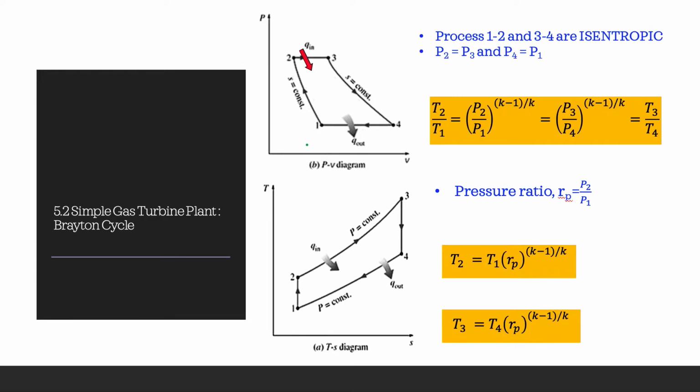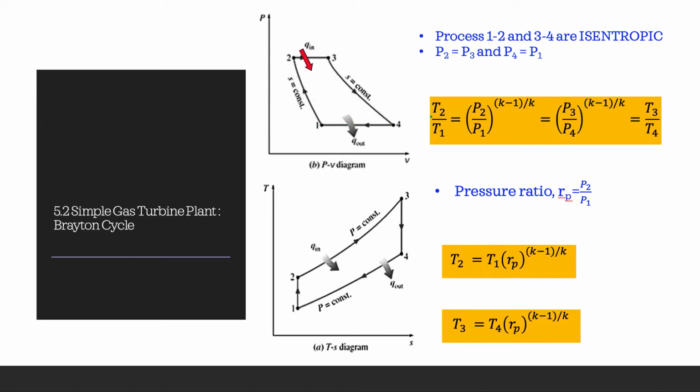Okay, now we go to the PV and TS diagram. For process 1 to 2, this is isentropic compression. Alright, and we know P2 is equal to P3 and P4 is equal to P1.